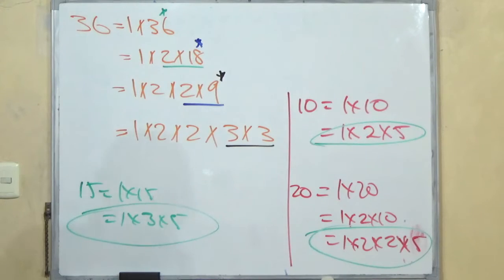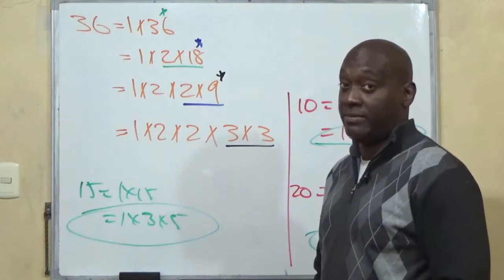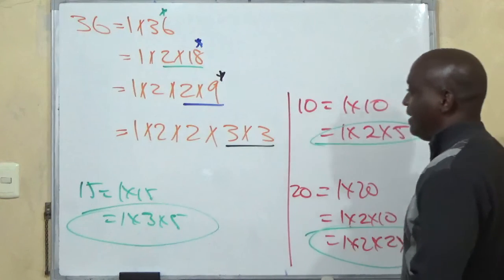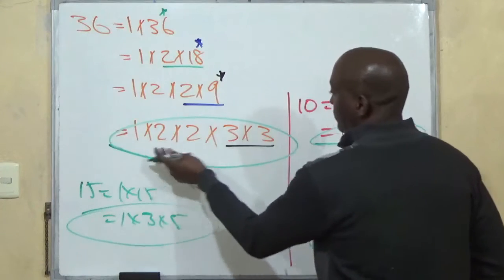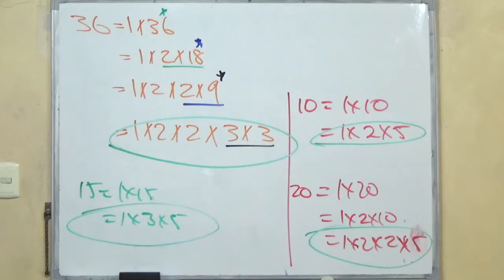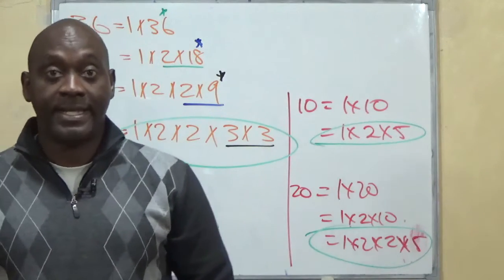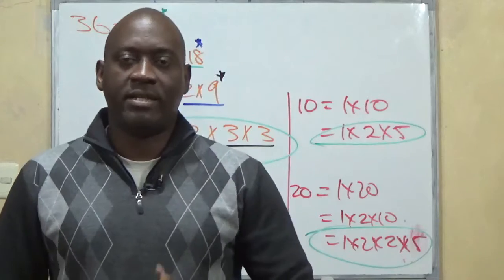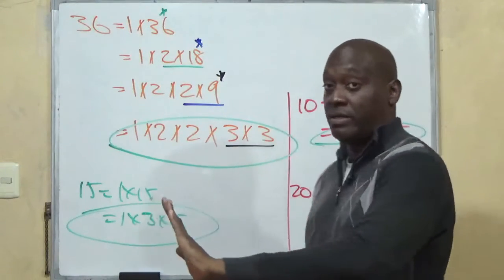I'm watching the technology. 36, however, being a kind of biggish number, biggish relatively speaking, of course, you find that we have two sets of repeated factors. We have the 2 repeated and the 3 repeated. Now, there's another way we could write this, which I will put here just for the record.